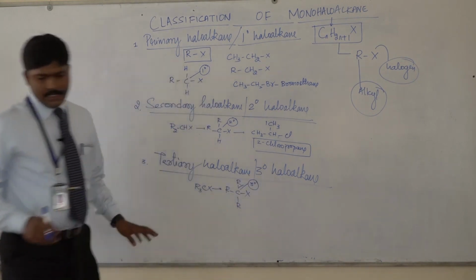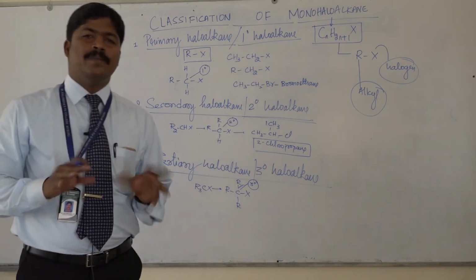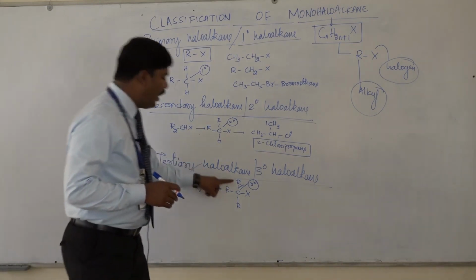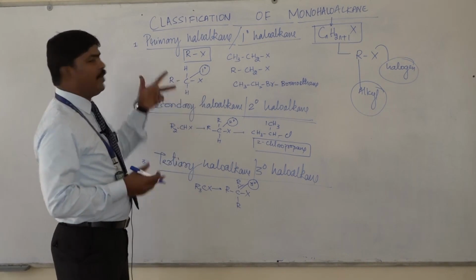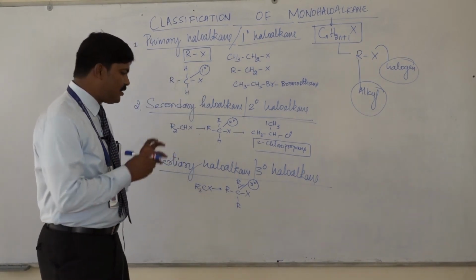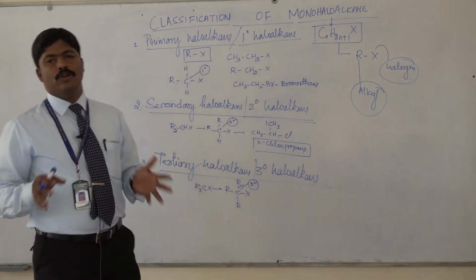Why do I call it tertiary? The definition says a tertiary carbon has no replaceable hydrogen atom, or we say it has 3 R. 2 R is called secondary, only 1 R is called primary, and 3 R is called tertiary. If a halogen is bonded to it, we call it a tertiary monohaloalkane.